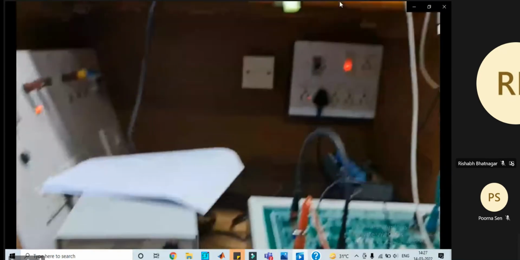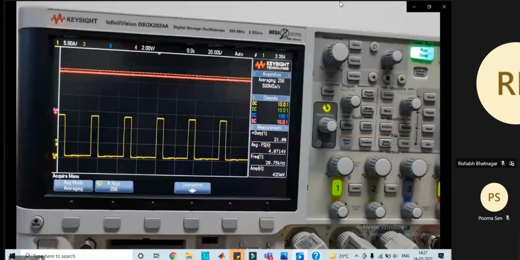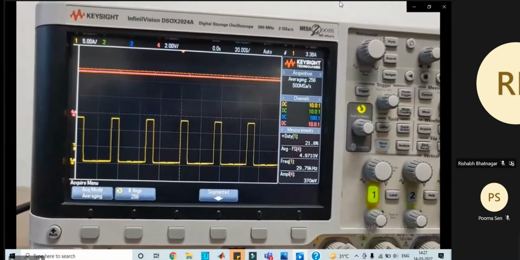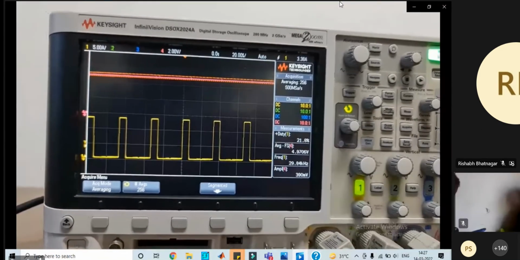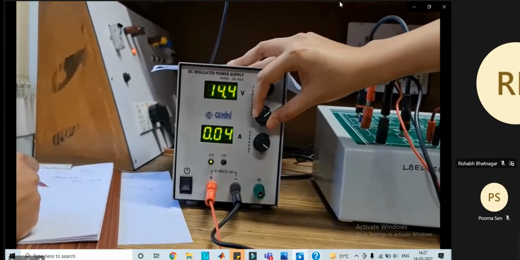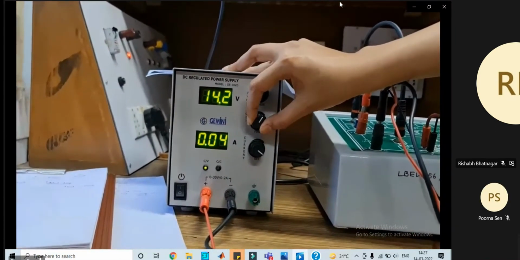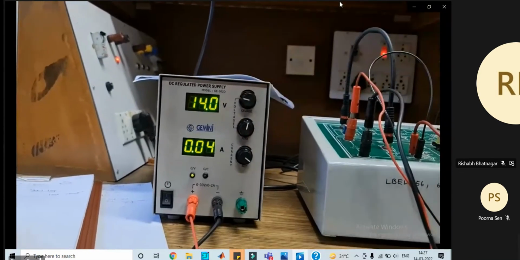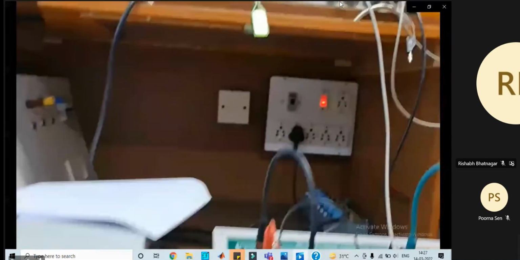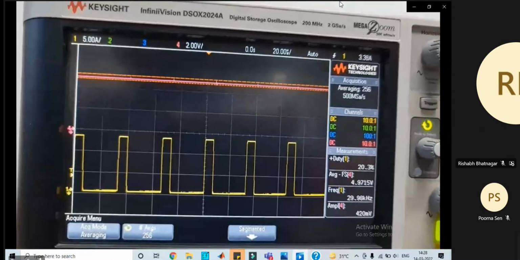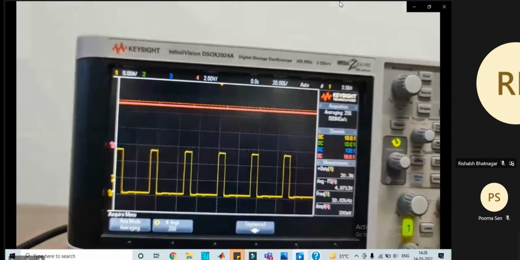Input voltage 13 volts. Duty ratio 21.8%. Output voltage 4.971. Input voltage 14 volts. Duty ratio 20.3%. Output voltage 4.971.